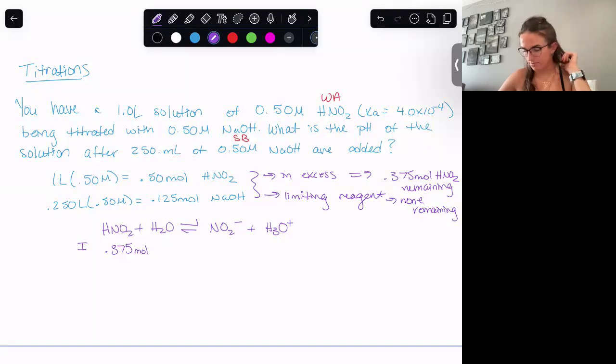Do we care about water? No. What about NO2 minus? It's not going to be 0 for NO2 minus. We do know how much NO2 minus was formed.